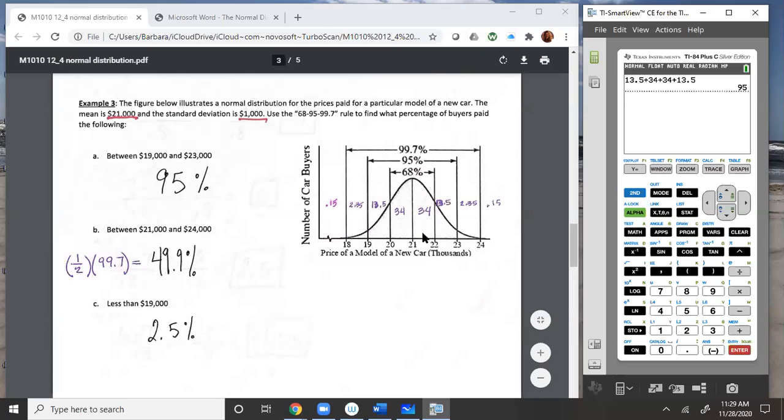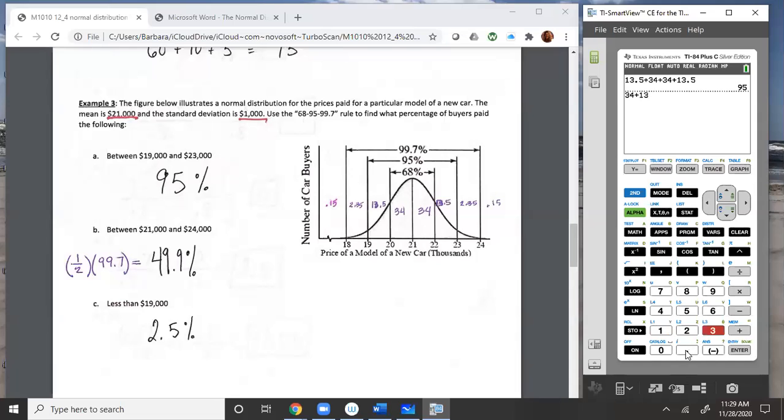So we need to add 34 plus 13.5 plus 2.35. And we get 49.85, which rounds to 49.9.